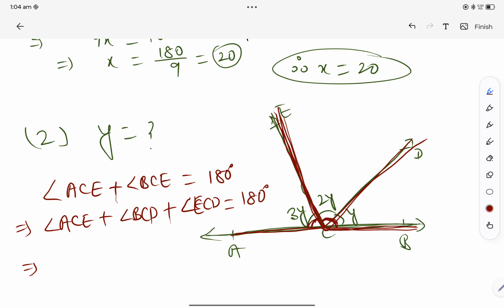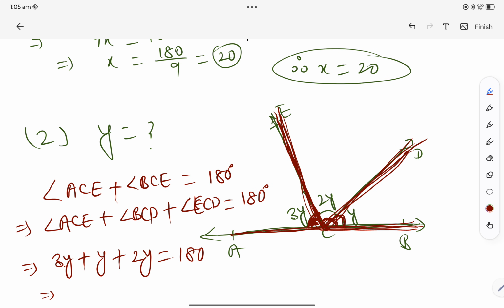But given that ACE, so this angle is what? This angle is 3y. BCD, that is this angle, is what? y, and this angle ECD is 2y. So it is equal to 180 degrees.